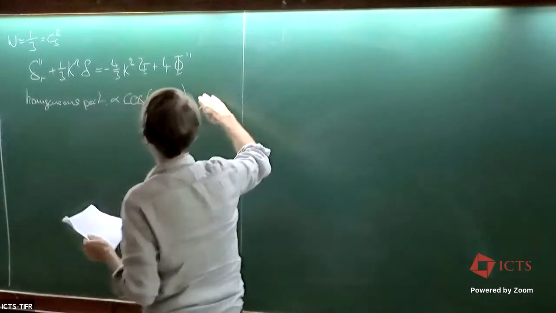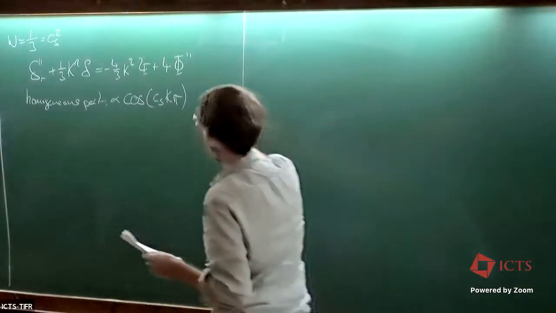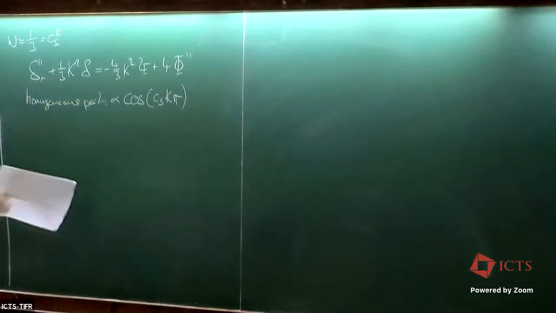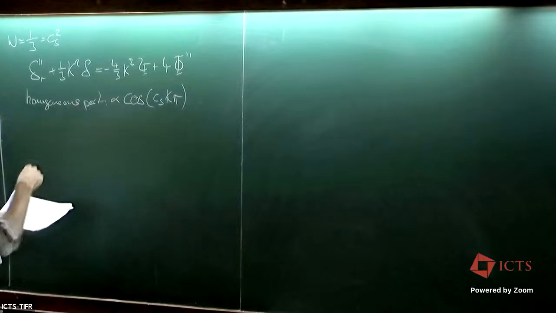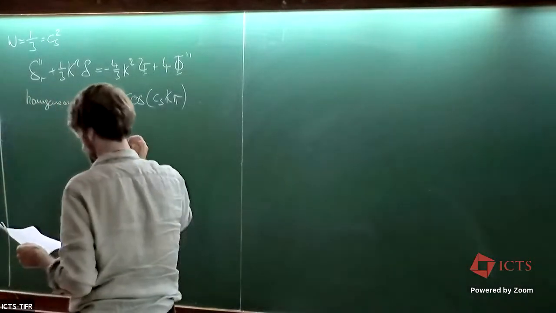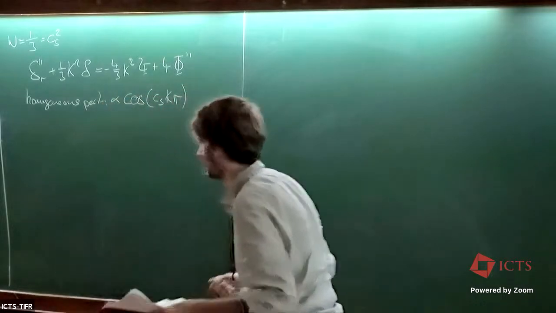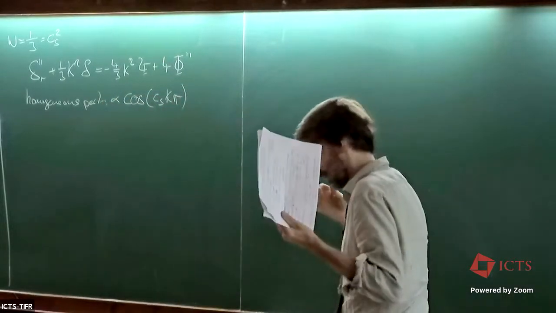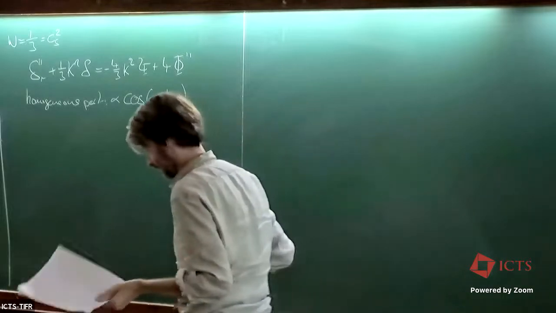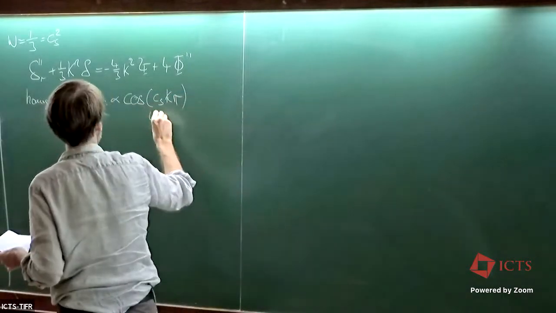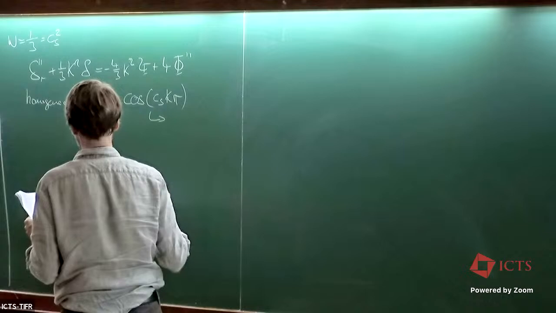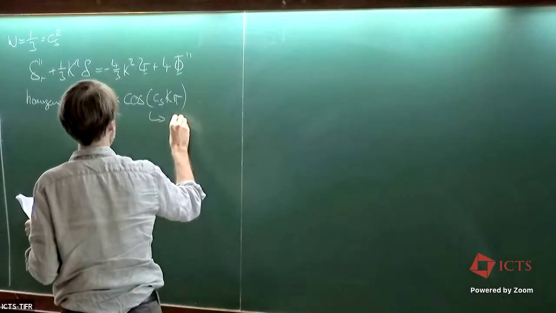And of course, there's also a sine mode in principle, but we will see later it's only the cosine that is going to be relevant for adiabatic initial conditions. But these oscillatory solutions are really in essence the core for the acoustic oscillations we see in the CMB.